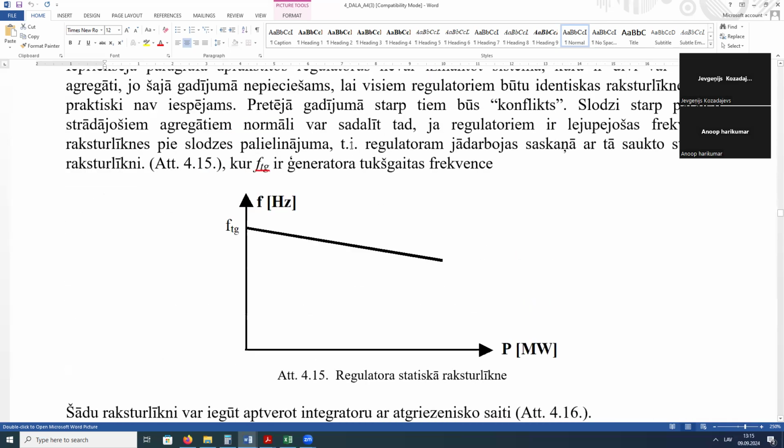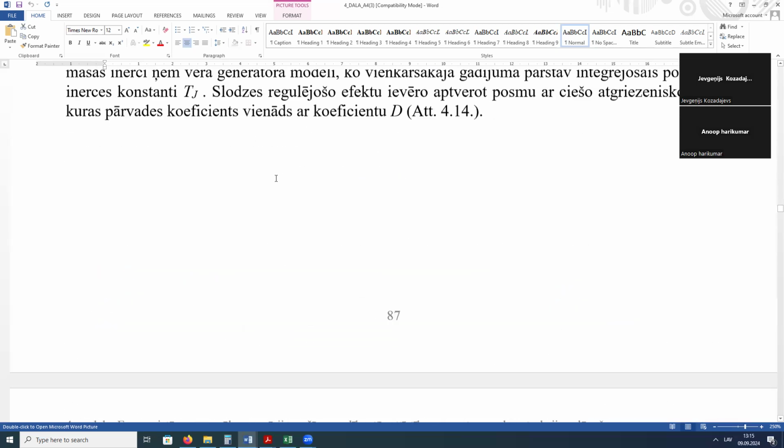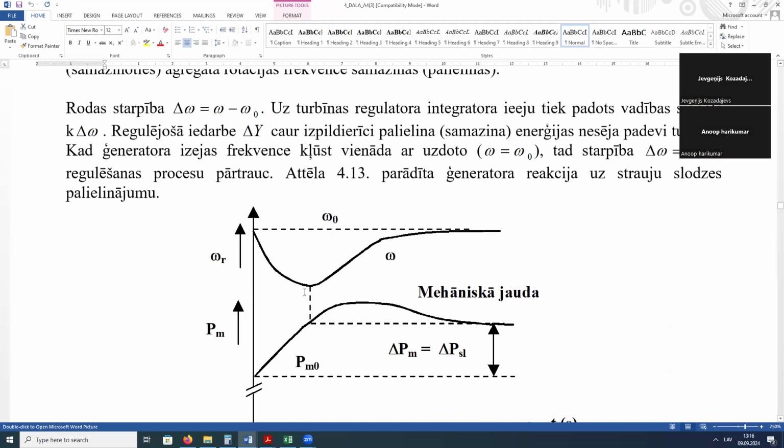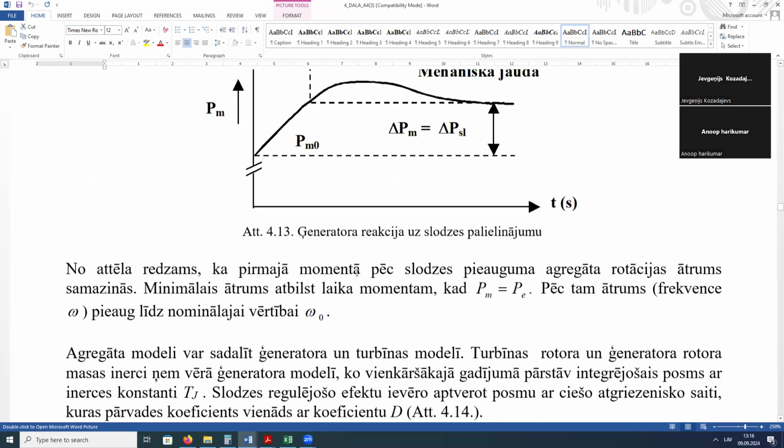But the next very important thing, as we see this difference about the frequency and the power: if we see the difference in frequency, we need to convert this deviation to a power deviation to evaluate how much more or less power we need, and what actions to take.